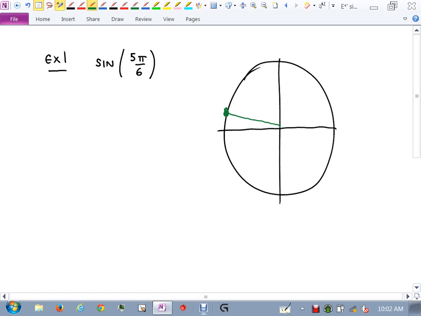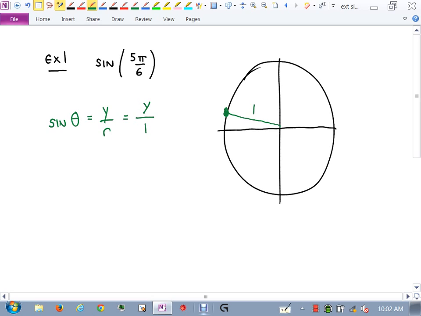Now, sine of an angle by definition is the y-coordinate divided by the radius, isn't it? Do y'all agree? But if we're on the unit circle, what is the radius? 1, right? Which means that sine of an angle is just going to be the y-coordinate, isn't it?